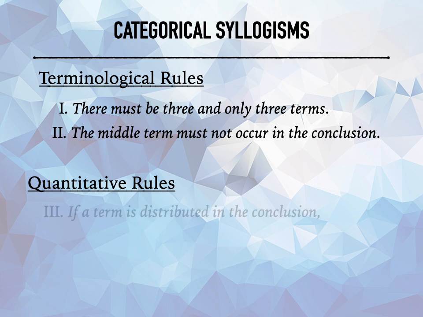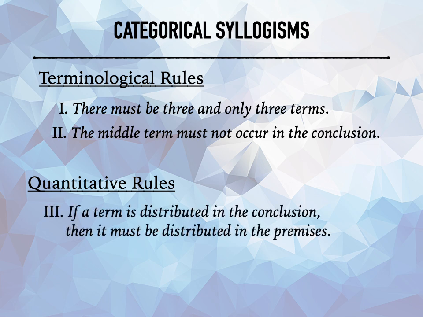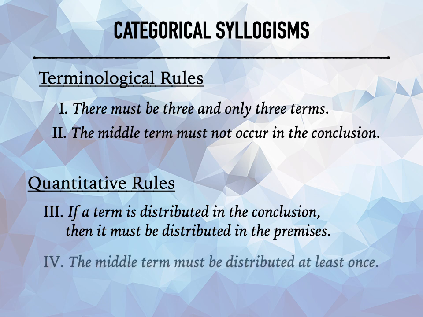The quantitative rules: third, if a term is distributed in the conclusion, then it must be distributed in the premises. And then number 4, the middle term must be distributed at least once. If you need time to write those down, you can pause the video right now and do that. I'm going to move on to the next 2 rules.